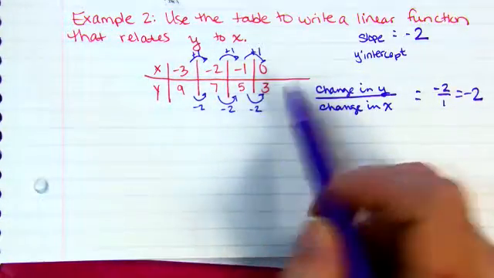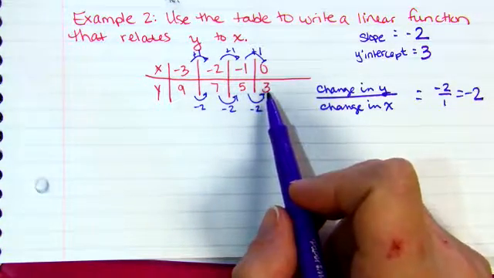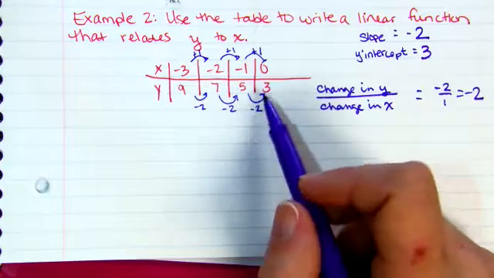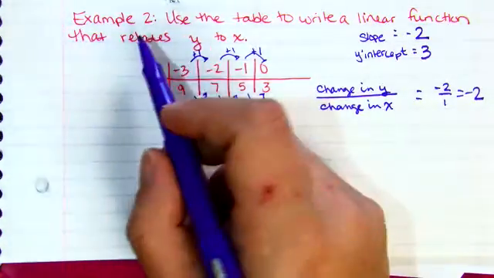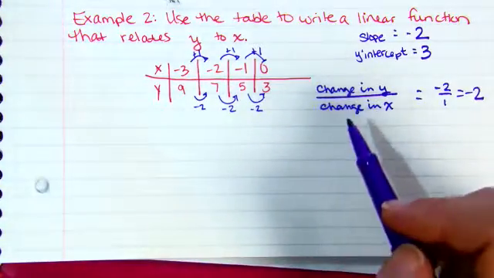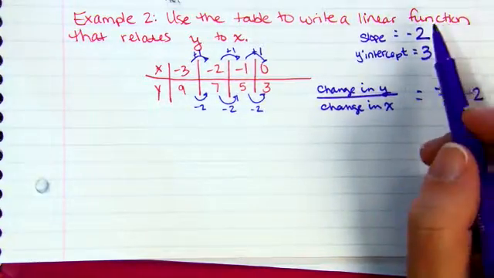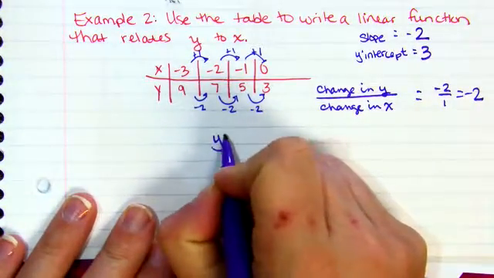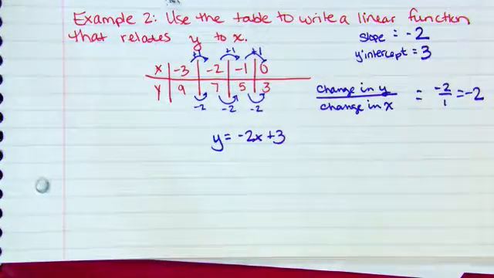So at 0, y equals 3. I could also find that by using point-slope form or slope-intercept form and plugging in one of my points, or by graphing and seeing where I cross the y-axis. I could do any of the methods that I did in an earlier chapter to find this y-intercept. But now that I have it, my linear function is just y equals negative 2x plus 3.